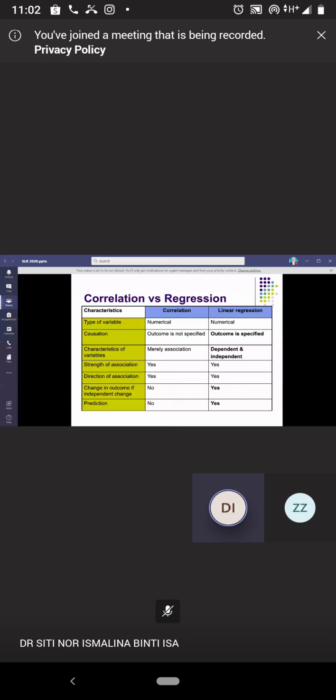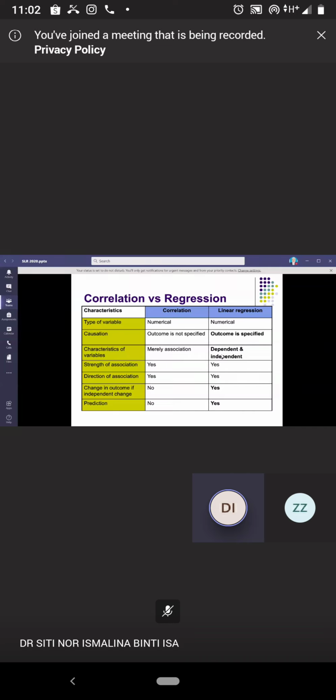Okay, so correlation versus regression. The difference is causation. In linear regression, the outcome is specified; the dependent variable or the outcome is specified. For correlation, we can merely assess the association.